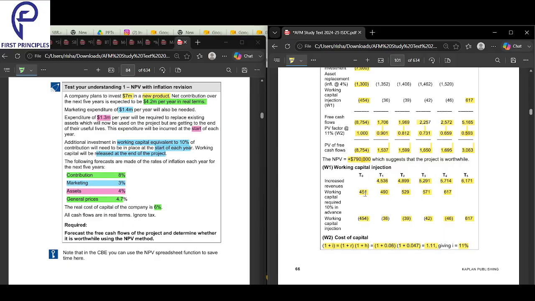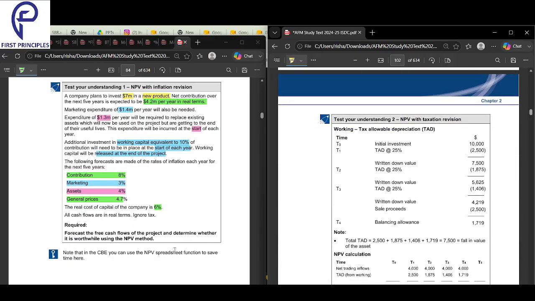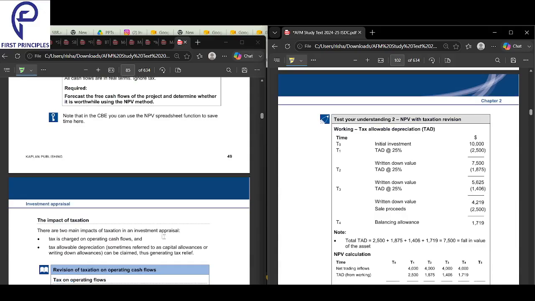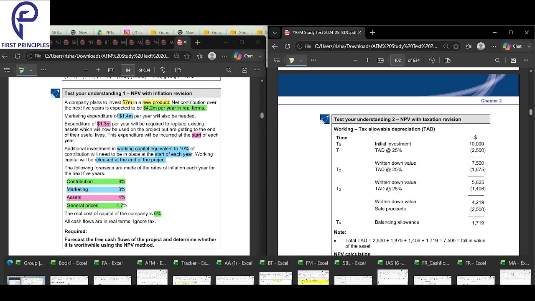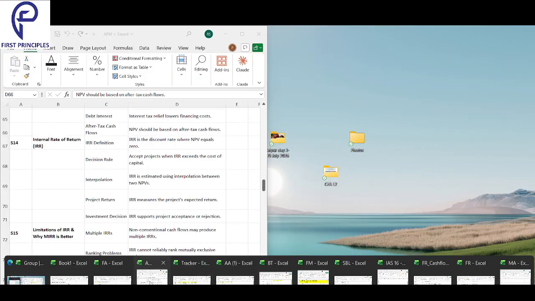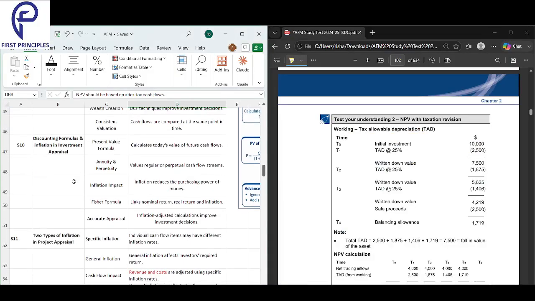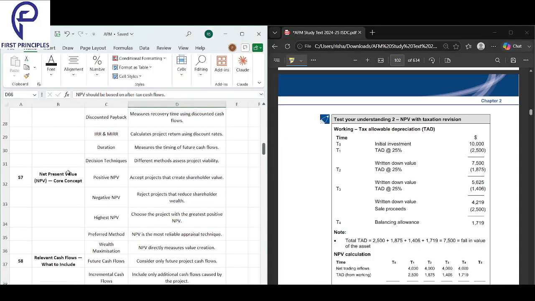So that is all about this NPV with inflation. Inflation is revised over here, so TYU1 is on this. Your TYU1 has come from here.